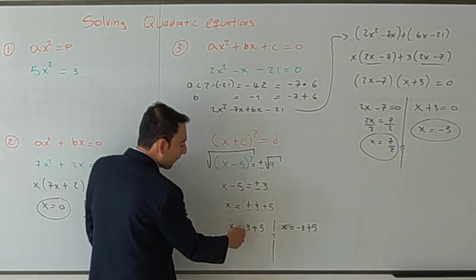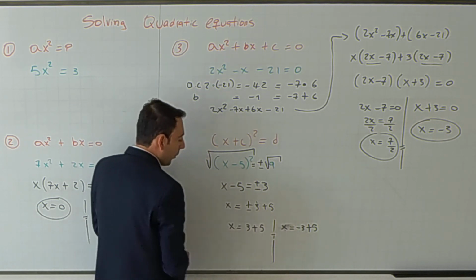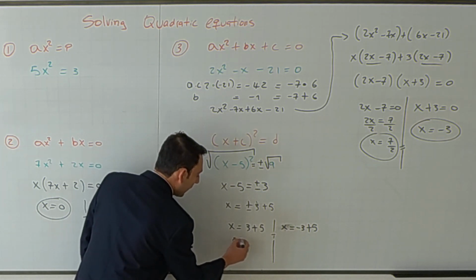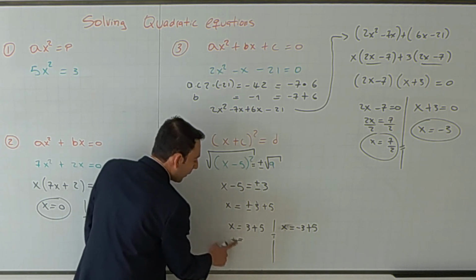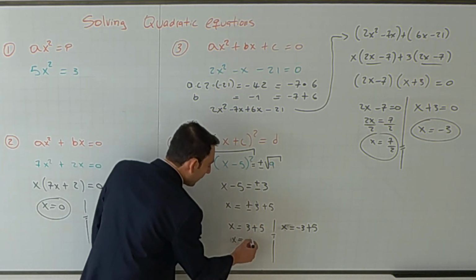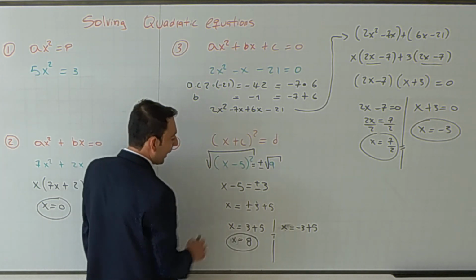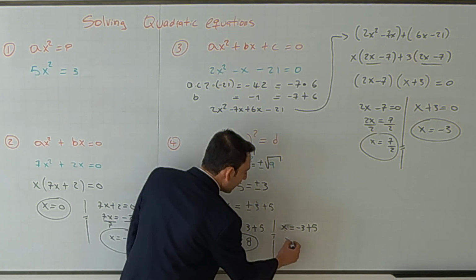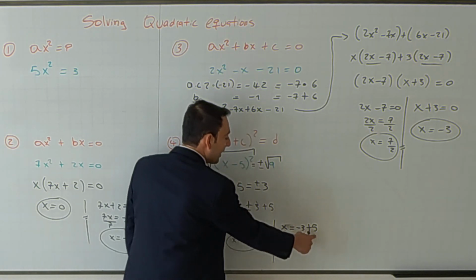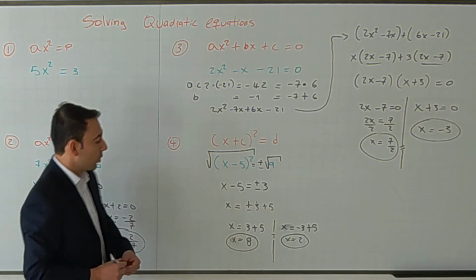Then here I take the first option, when 3 is positive, and here when 3 is negative. Okay, 3 plus 5 is 8, then we have the first solution, x equals 8, and here x is equals to negative 3 plus 5. In that case, x is equals to 2.